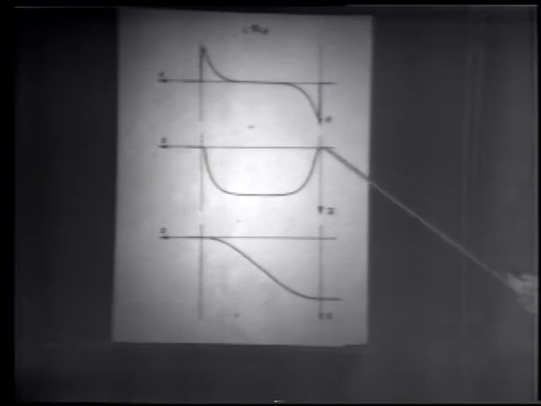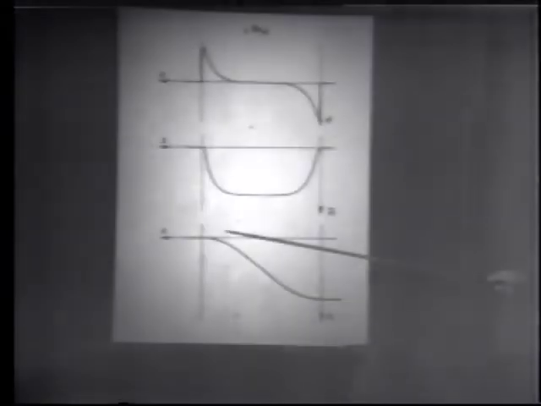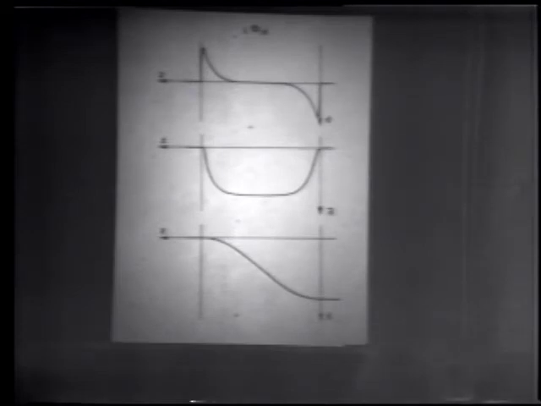The typical thickness of a double layer is of the order of 100 Debye lengths. And the typical potential across a stationary double layer is of the order of maybe 5 or 10 kT over e. But in some double layers of short duration, it can be much higher.